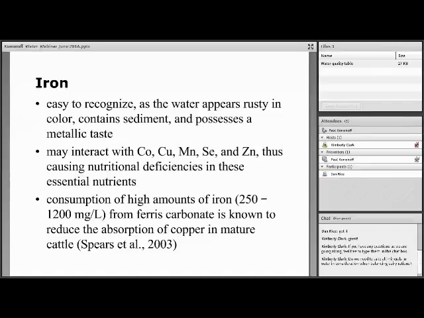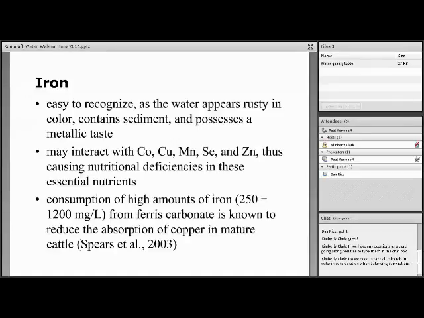It's important to know that iron actually interacts with a number of minerals that I've got listed here, and as it does, it may cause nutritional deficiencies in these minerals. So again, if you have high iron in your water, I'd recommend you work with your nutritionist to estimate total water production, to estimate the concentration of iron in the water, and to perhaps evaluate the supply of these different minerals.